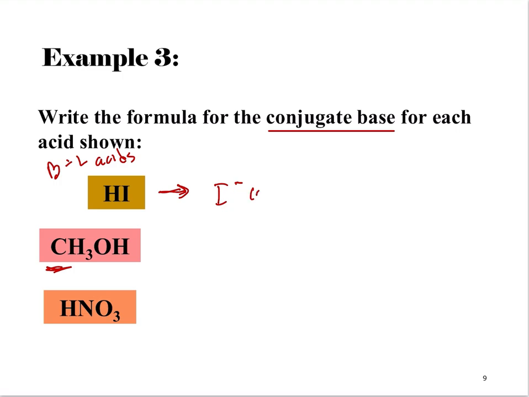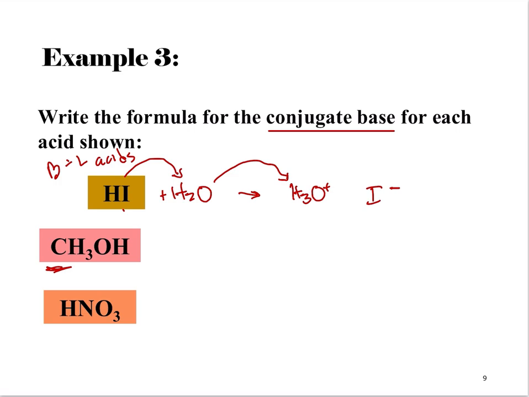Because if I write out the full chemical equation for this, it's being put in water, and then it's going to create H3O plus and I minus, right? We have the same charge on the left-hand side of the equation as we do on the right-hand side. And this proton gets donated to the water molecule to then create H3O plus.